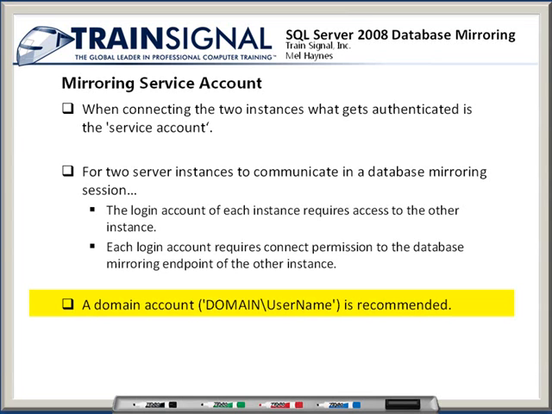So in my case, I have a domain called Mel's domain, and I've created a user account, SQL Server Engine, that each instance is running under. This is the recommended approach when using mirroring. There are other options which are beyond the scope of this course if you're in a situation where you simply cannot do that. But the optimal and the recommended approach is a single domain account, and every server instance uses that account.